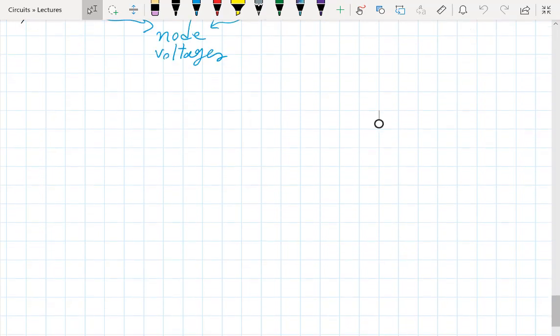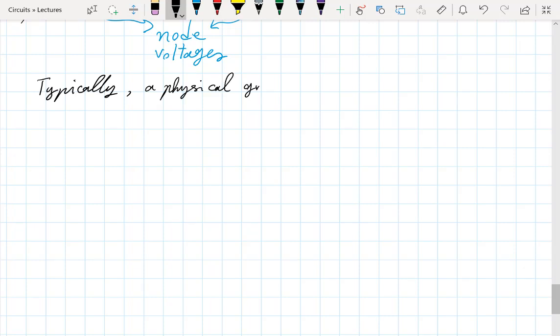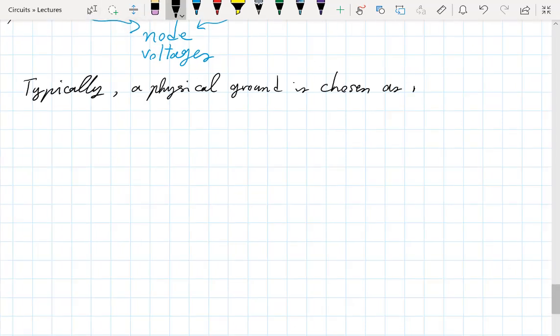So typically, a physical ground is chosen as reference, and typically the voltage of the reference itself is taken to be 0.